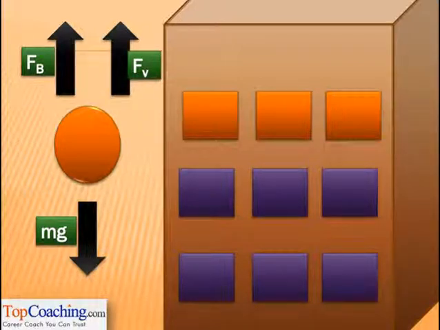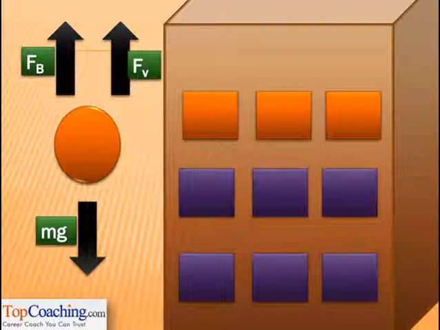Now the interesting thing is that there are two upward forces also acting on the ball, just as gravity is acting downwards. Therefore, it is possible that at a certain point along its motion, Fb plus Fv can be equal to mg, isn't it? All the forces on the ball may become balanced, and that might mean that the ball may actually fall down with constant velocity instead of accelerating due to gravity.